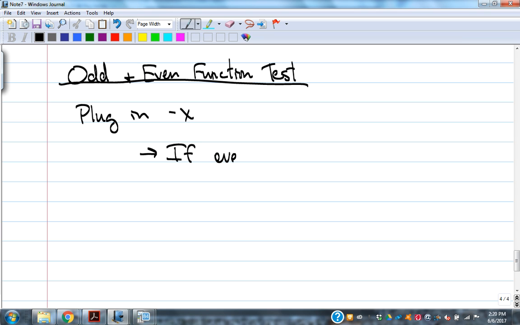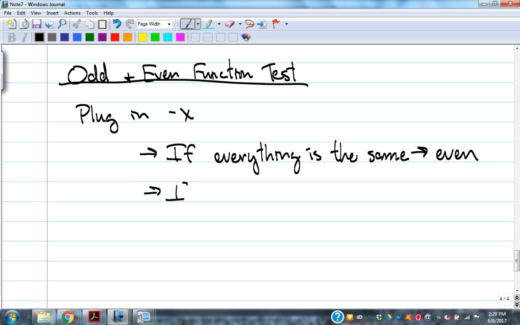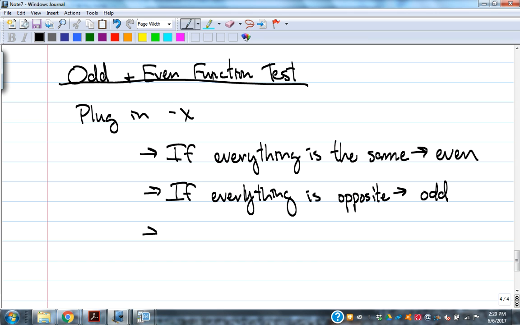If everything is the same, it's even. If everything is opposite, it's odd. Anything else? Neither.